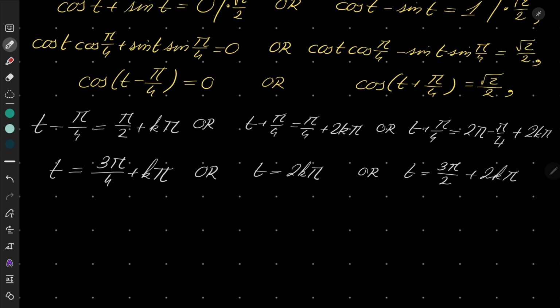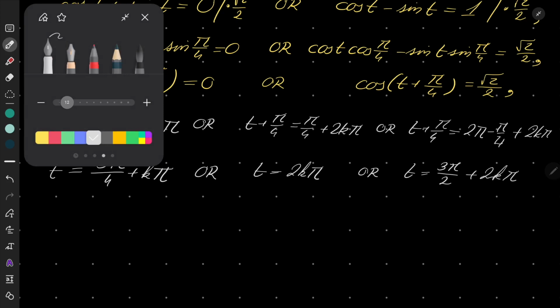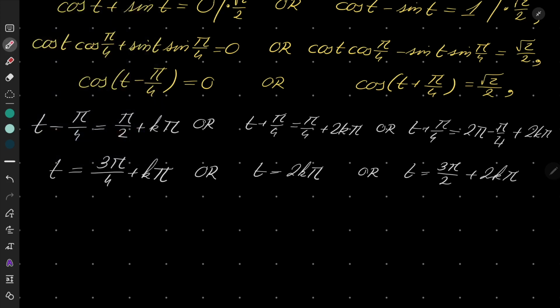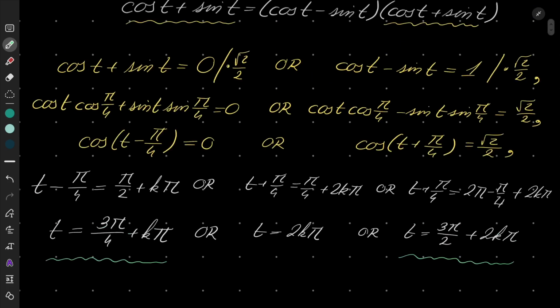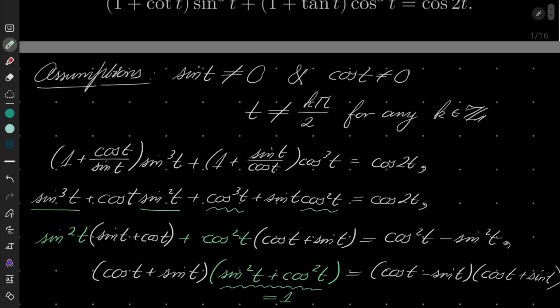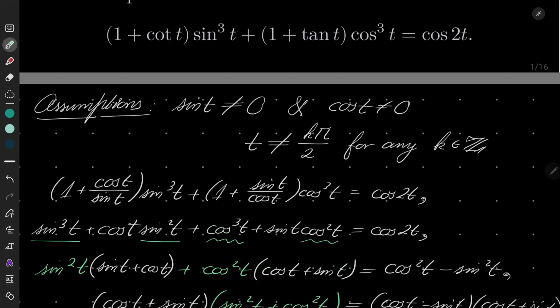But let's notice that we have to confront our results with our assumptions. This number and this number work just fine. Or do they? Well, let's look at our assumption. t must be different from kπ/2.